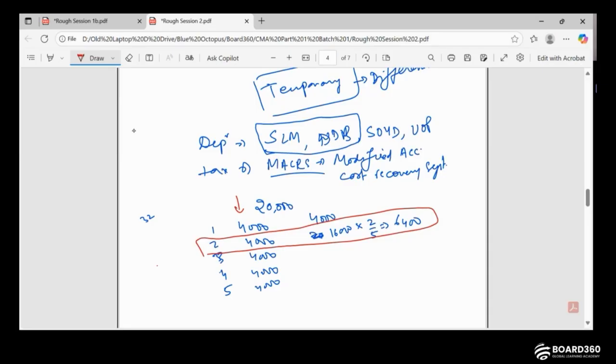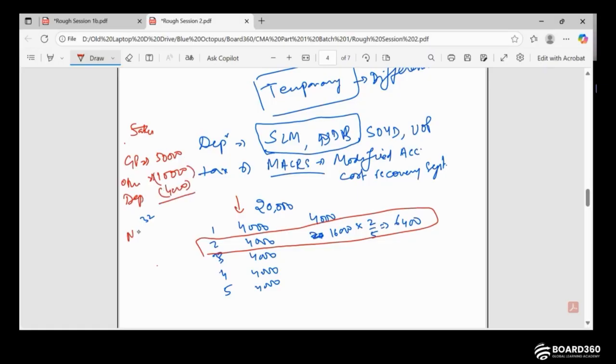So let's say sales minus expenses, so the gross profit coming out as maybe 50,000. Other expenses maybe 10,000. And depreciation as per books 4,000.